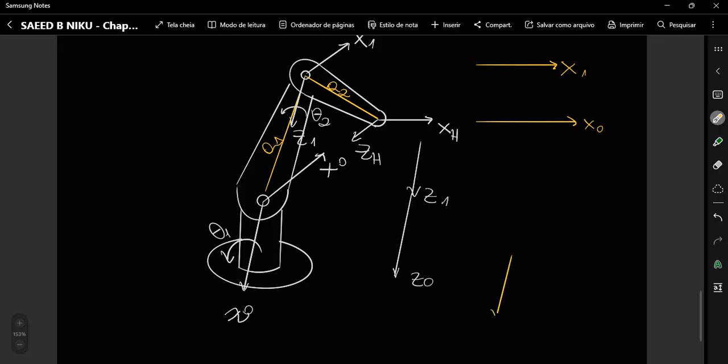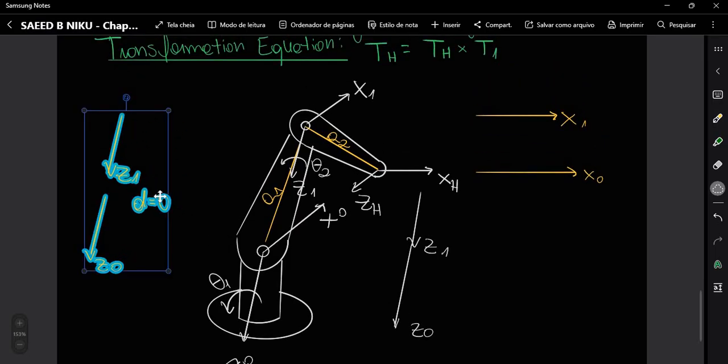So z0 is on this way, and as I already have drawn right here, z0 and z1. So we don't need to do a translation because they are already on the same plane, and because of this we said that the distance is 0. So I will leave this right here.